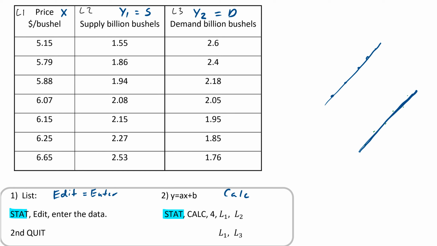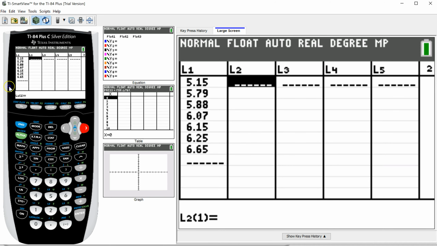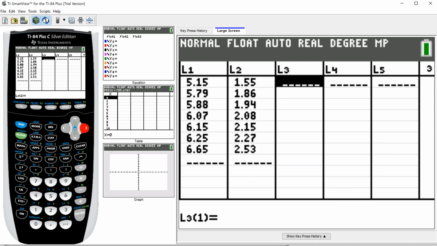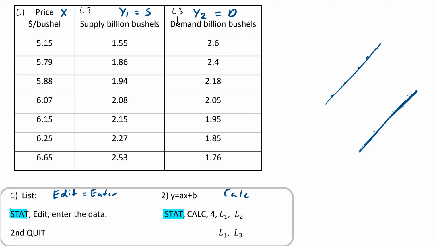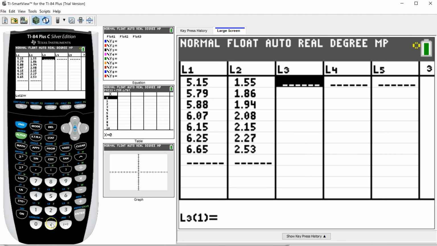We're going to enter them in the exact same way. So 1.55 and 1.86. 1.55, hit enter. 1.86, hit enter. And so you're going to enter them all in, scroll to the left, and enter them all in. And then scroll to the right, and we do it all over again. 2.6, 2.4. 0.6, enter, 2.4.